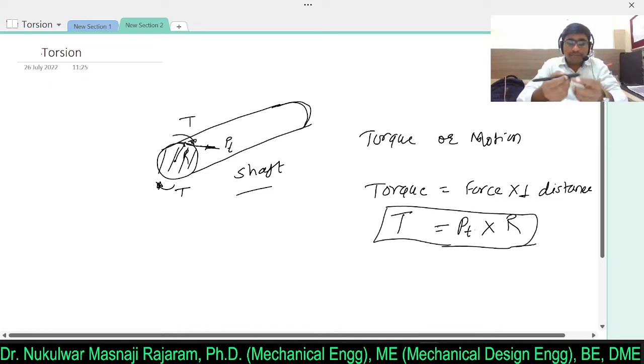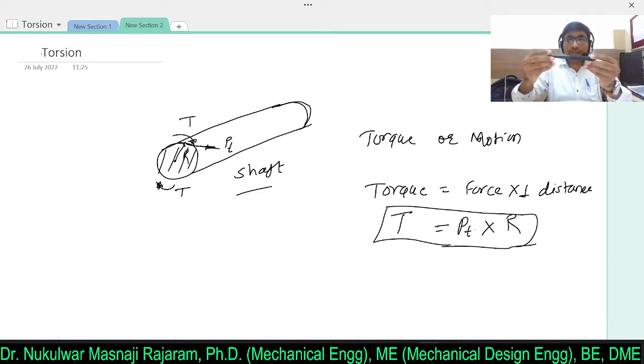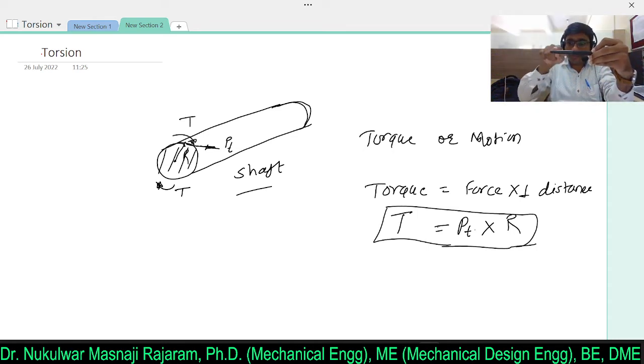Now if I consider this a circular shaft, the shaft may be a solid one or a hollow one. When we apply a tangential force in this direction on the upper side, and at the bottom side we apply a tangential force in this direction, then what will happen? It will become a couple and it will start twisting. Clear?